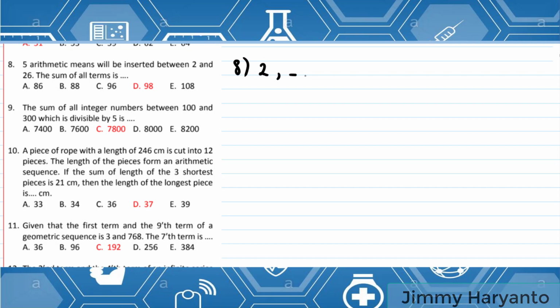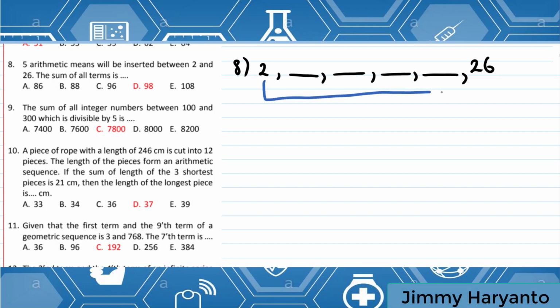So I have 2, and then I have to insert 5 arithmetic means between 2 and 26. The initial difference b will be 26 minus 2 equals 24, and then I have to find the difference after we put the arithmetic means.